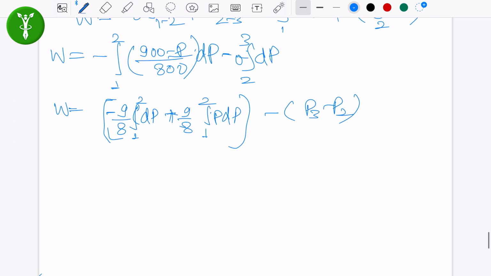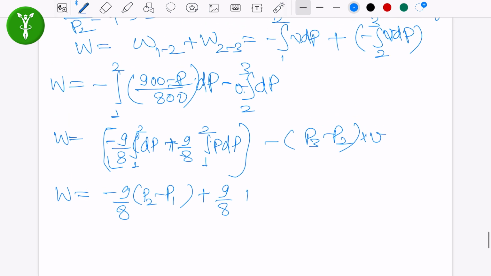Now see, W will be equal to minus 900 by 800 into P2 minus P1, plus 1 by 800, the coefficient of minus P, so this will be minus 1 by 800 into P square by 2, integrated from 1 to 2.